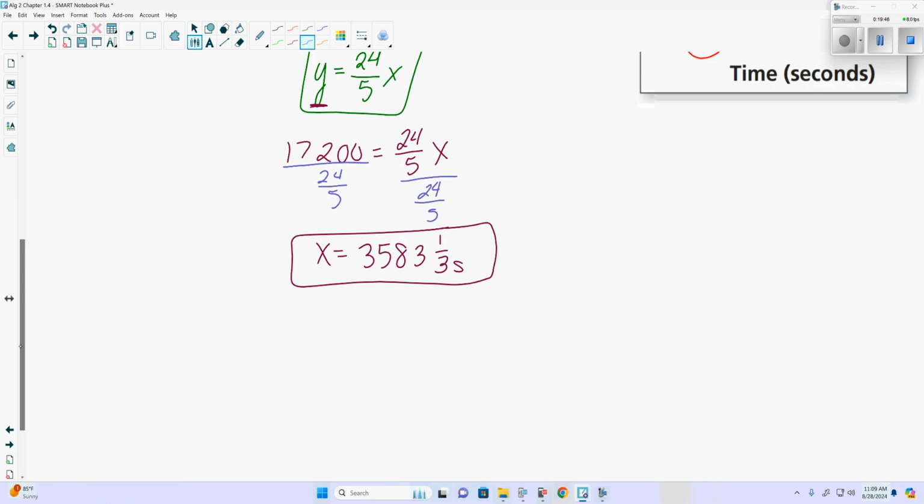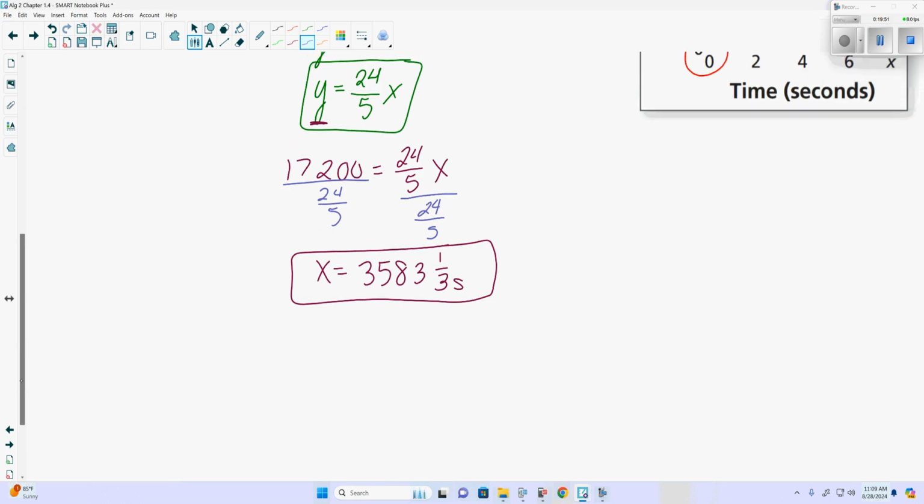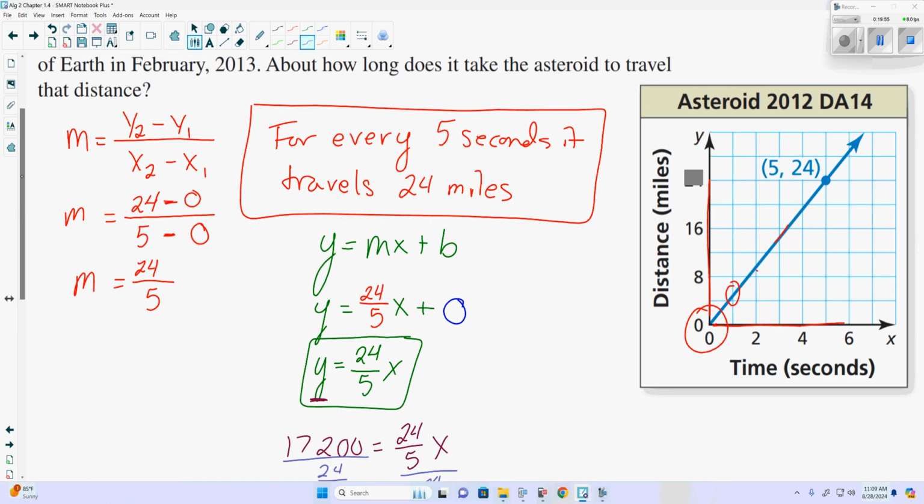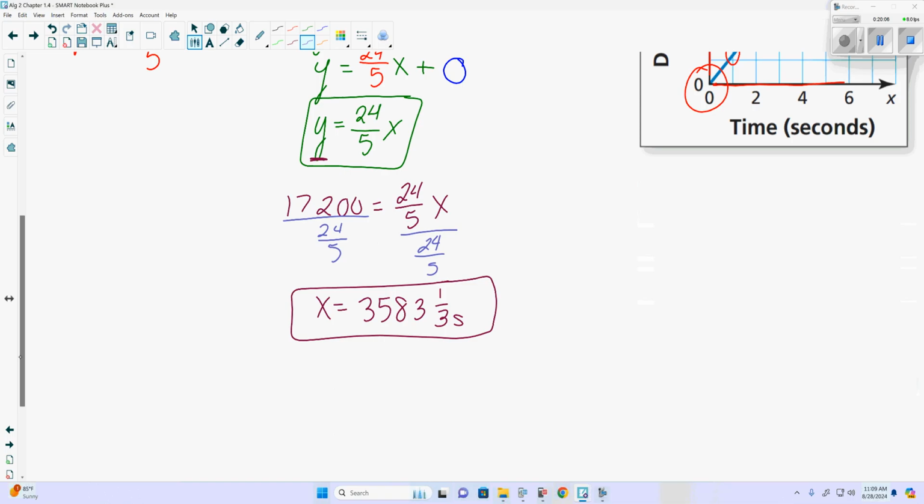Distance from here to Siloam is about what? 20 miles? Depending on how you go. Traveling at this speed, for every second you're traveling 24 miles. That means in under 5 seconds, you can get from here to Siloam. It'd be awesome, but that would also be incredibly fast.